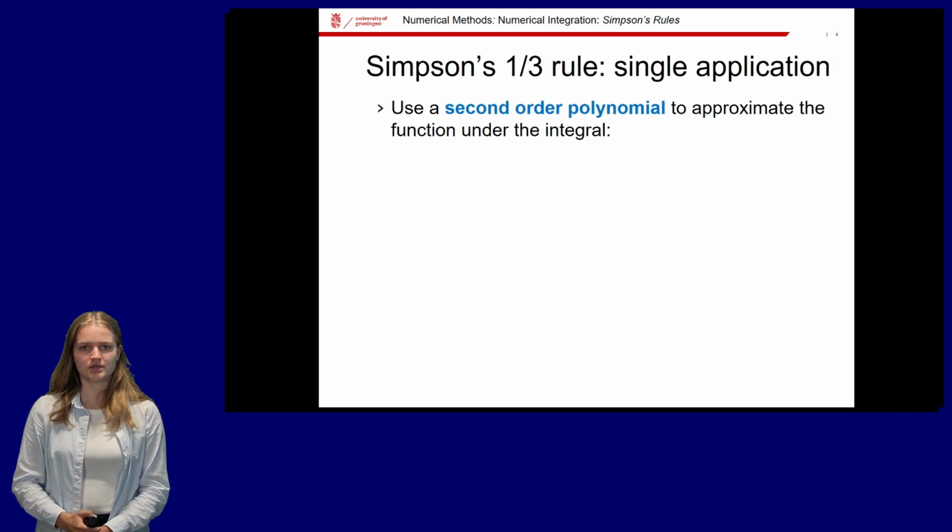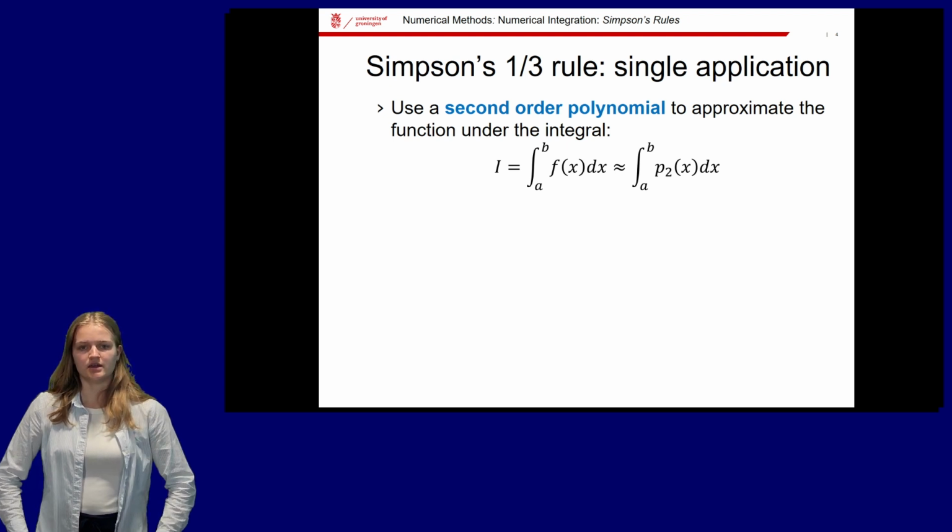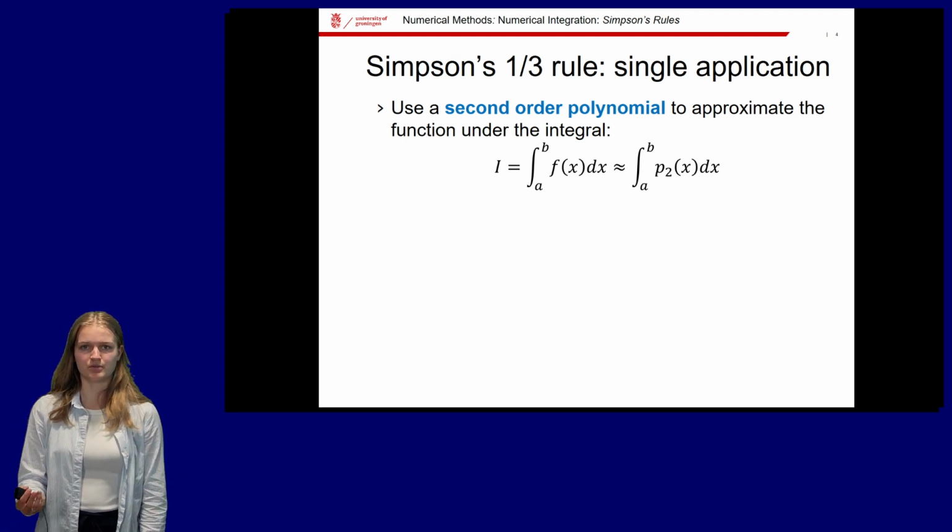So the 1/3 rule, like I stated, uses a second order polynomial to approximate the function under the integral. We can represent that as this. We have this function f of x that is to be integrated again, and in this case we use a polynomial that we depict with p2 of x, a second order polynomial.